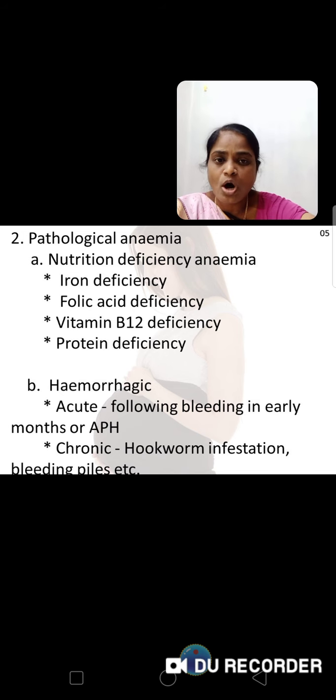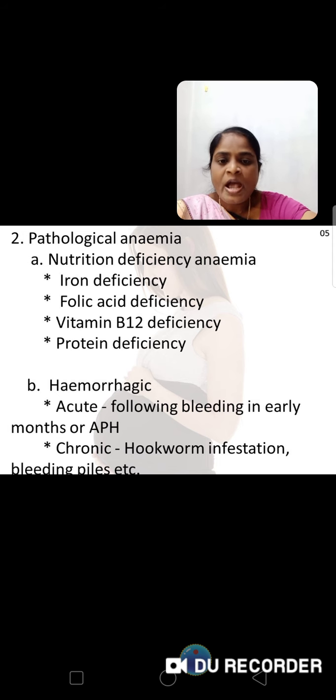The production of RBC, its DNA and RNA, needs folic acid, vitamin C, thiamine, protein, vitamin B12, and everything else for erythropoiesis, and also iron. Any deficiency of iron, folic acid, vitamin B12 or protein may lead to anemia in pregnancy.